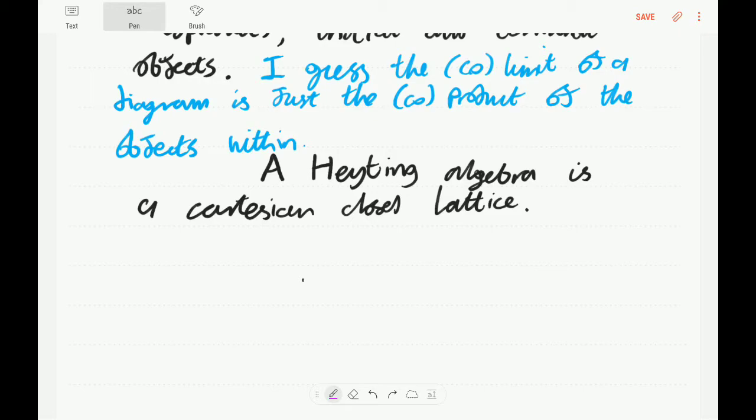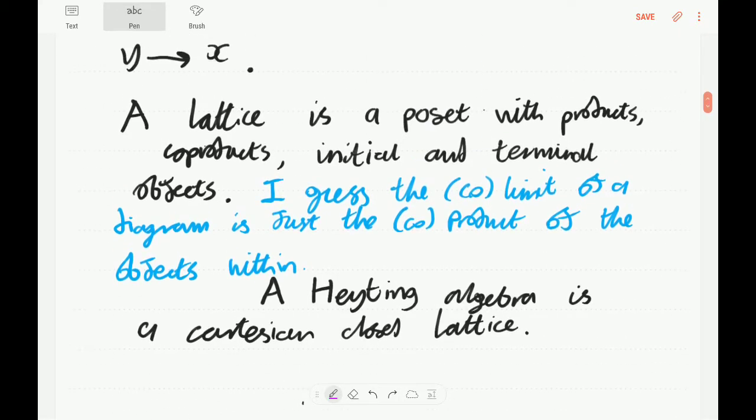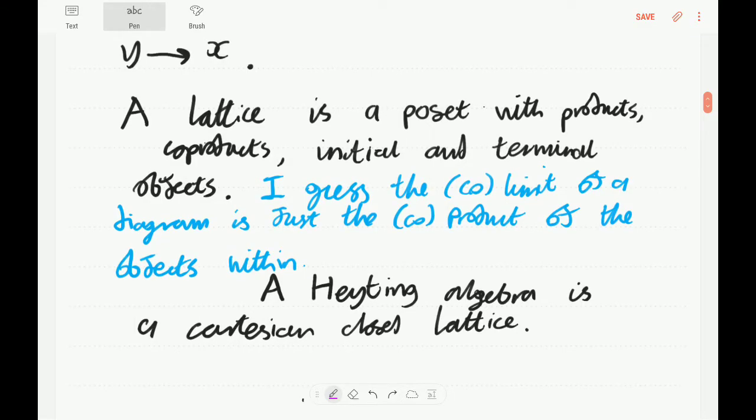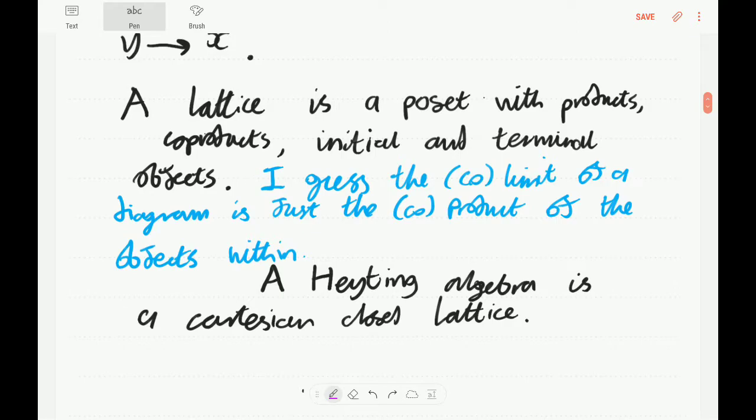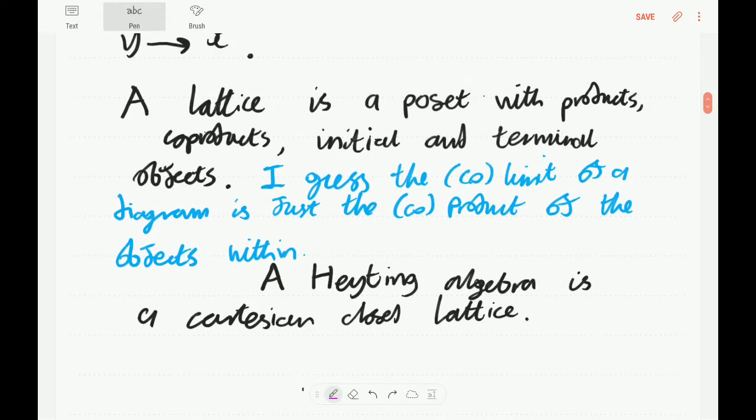So basically, it is a partially ordered set which has products, co-products, initial object, terminal object, and exponential objects.